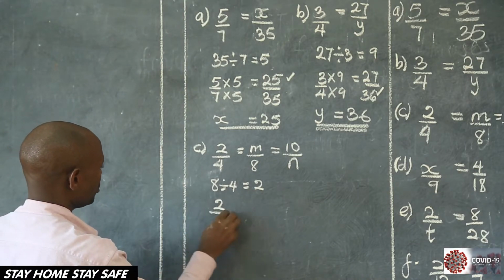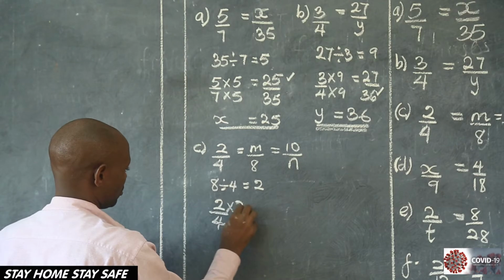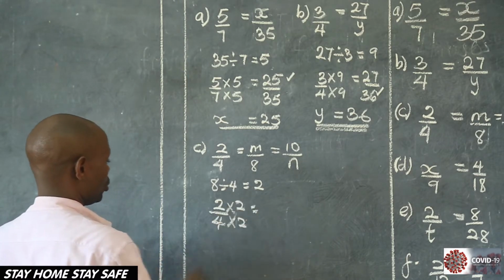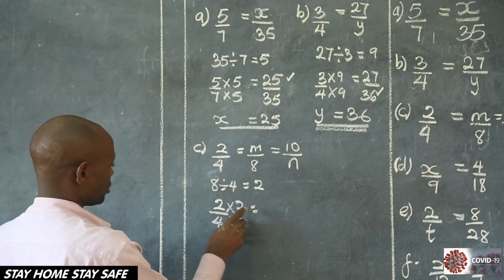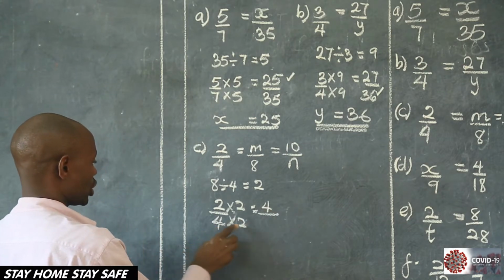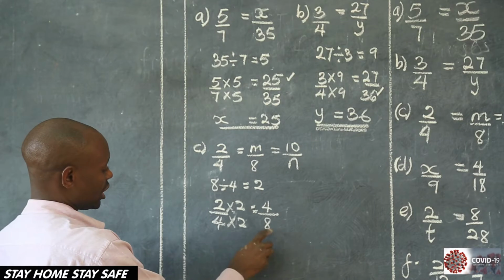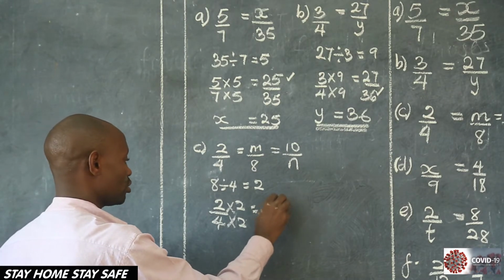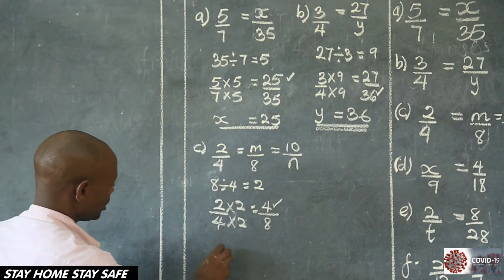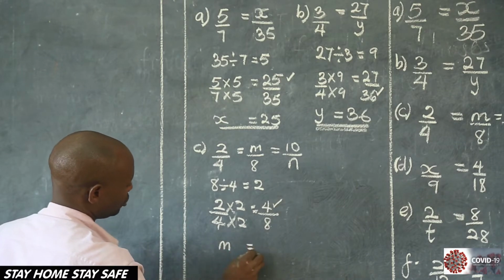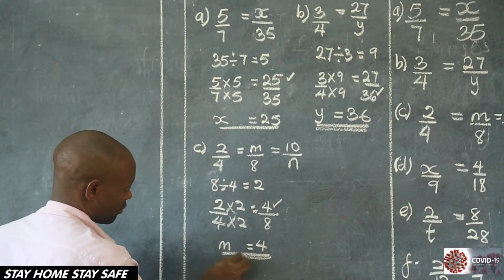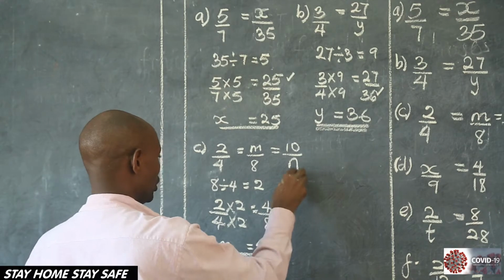So we shall have 2 out of 4 times 2 times 2, which is going to give you 2 by 2, we shall get 4. 4 times 2, 8. Therefore, 8 has already been given, so we take the numerator. This one means that the value of m is 4.